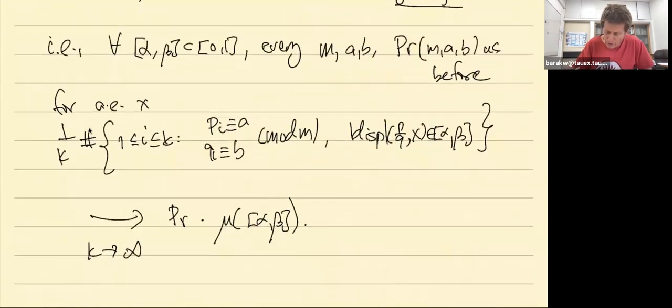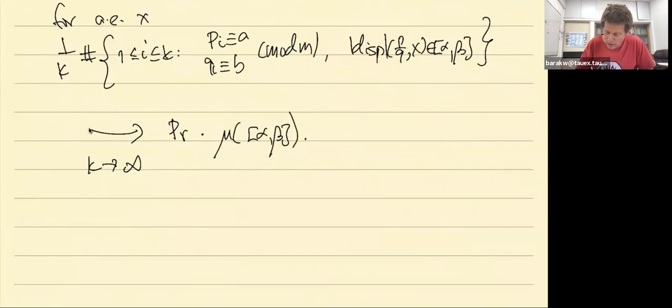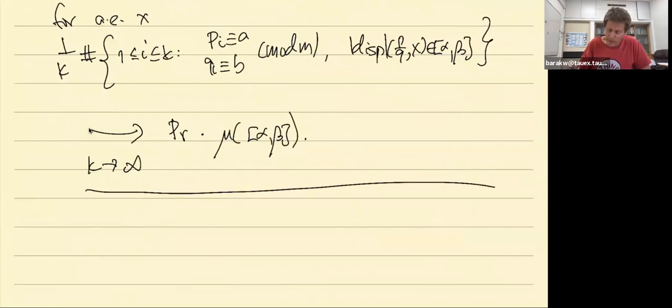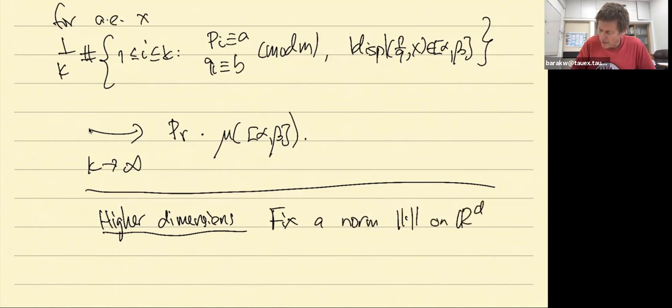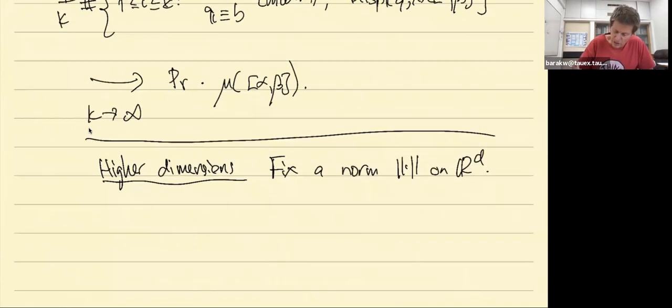Okay, so those are all the results in the one-dimensional case that I wanted to mention, and now I want to move up to higher dimensions. In higher dimensions, you can formulate theorems 1 and 2 and try to prove them, and you can also formulate another theorem about a third quantity, which I'll discuss. This requires a norm, so we fix a norm on R^d, and we define best approximations with respect to this norm.